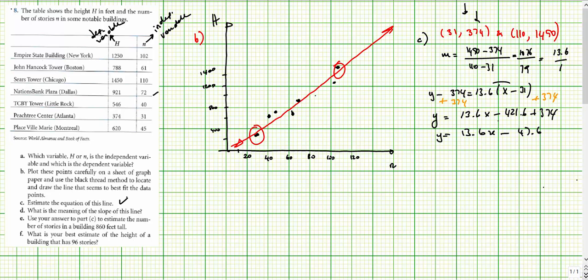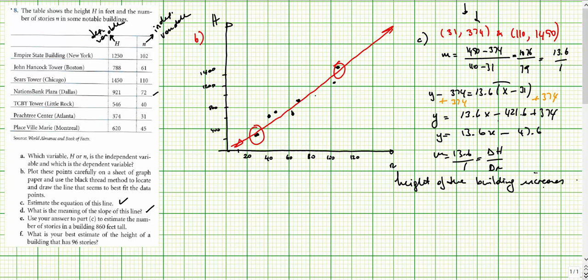All right, so I did the C, and then what's happening with the slope of the line? Slope is 13.6 over 1. This is the change in height, y, to change in x, which is n. So for part D, you estimate the slope to be 13.6, which tells you that the height of the building increases.